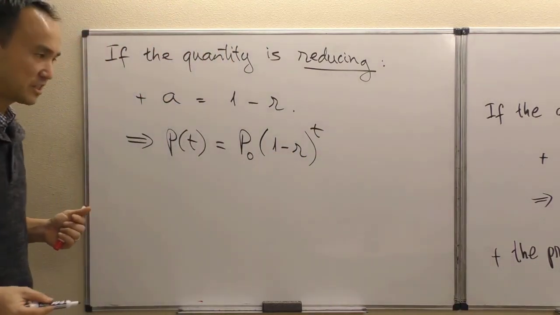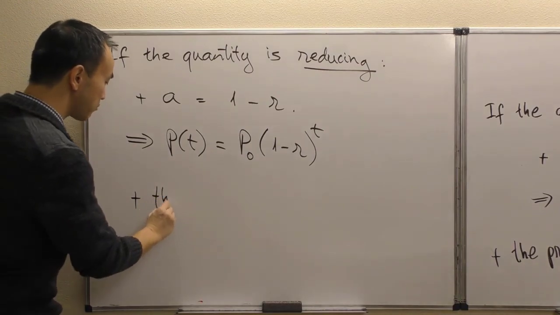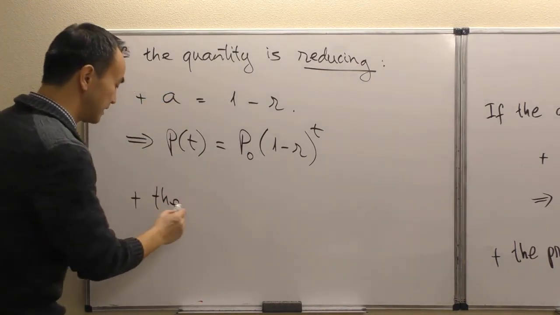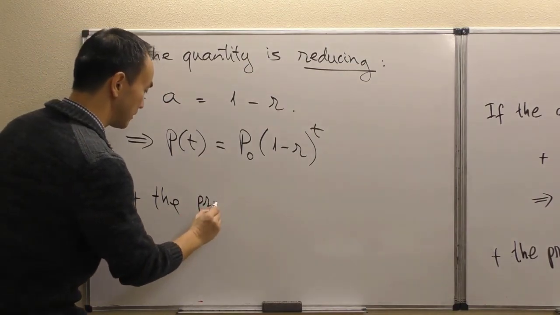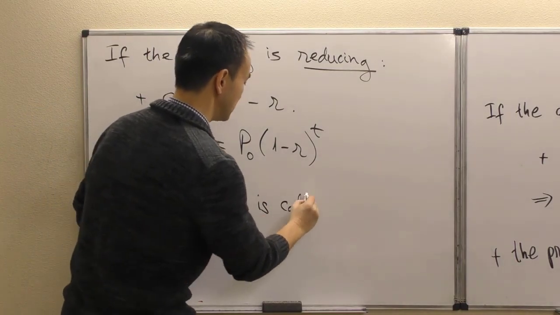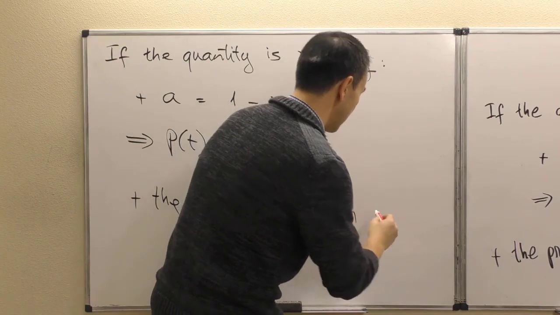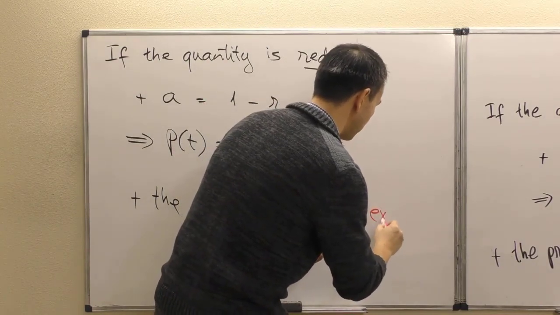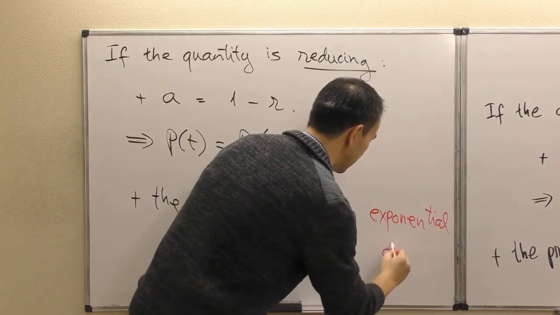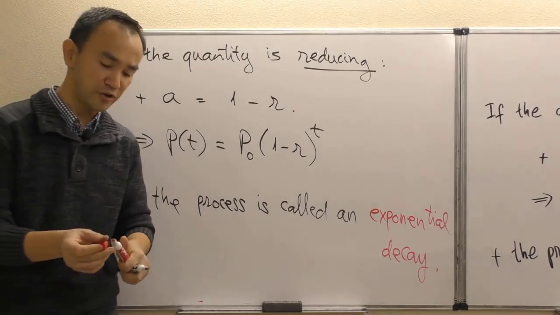And then as a second bullet, this process where the quantity is losing itself, is reducing itself, is called an exponential decay. All right, so it's called an exponential decay.